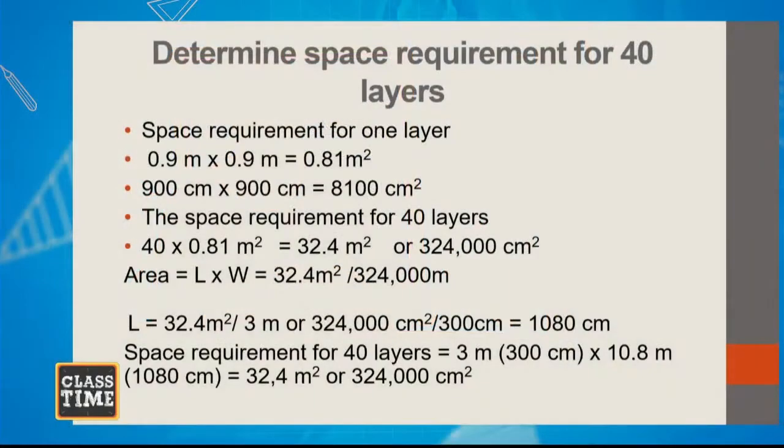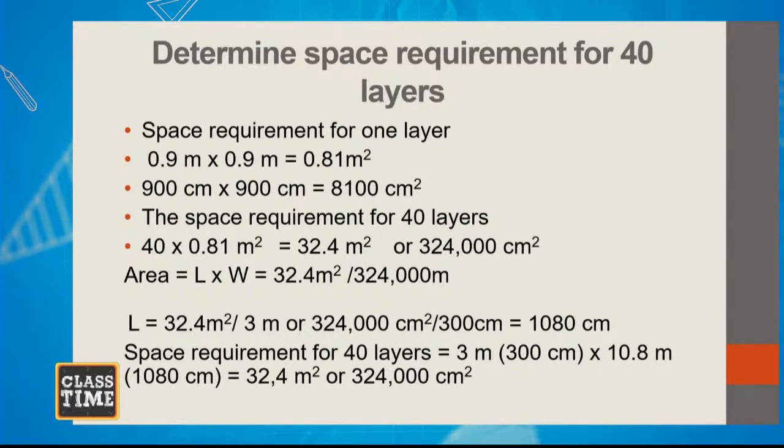Good? And the space requirement for one layer, this is standard 0.9 meter by 0.9 meter. We're going to get 0.81 meters square, or we could get 8,100 centimeters square. This is a space requirement for one layer. So they need more space than the broilers.